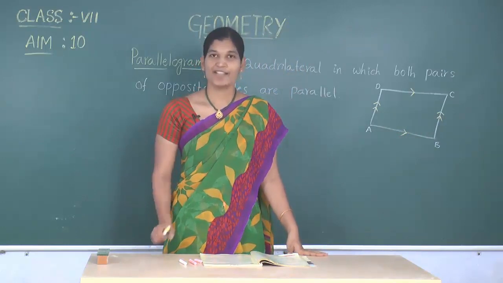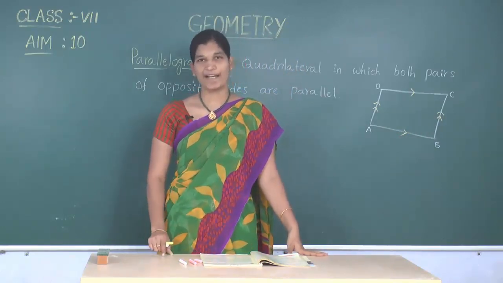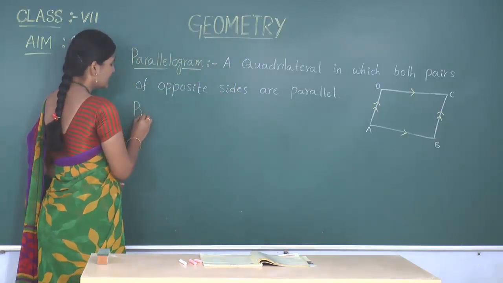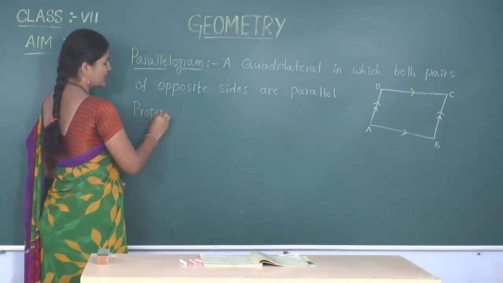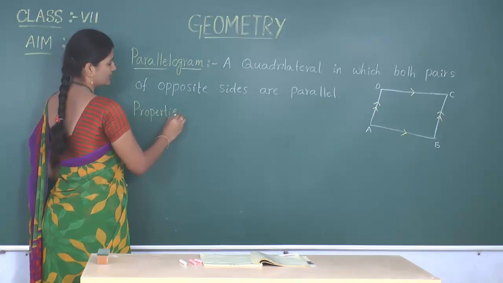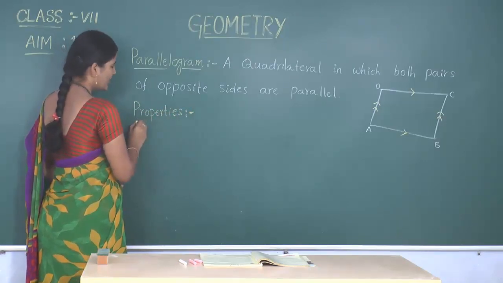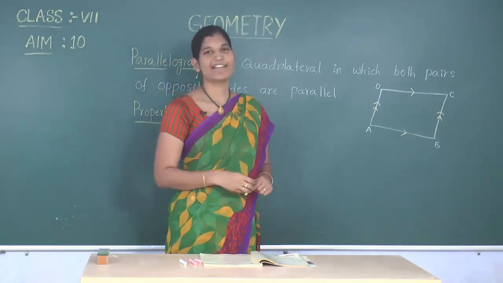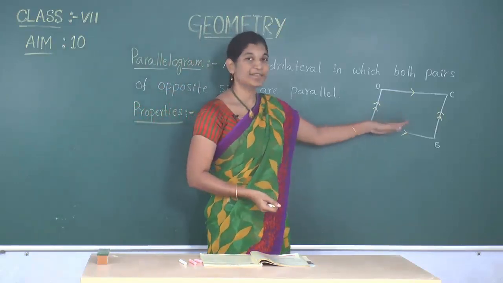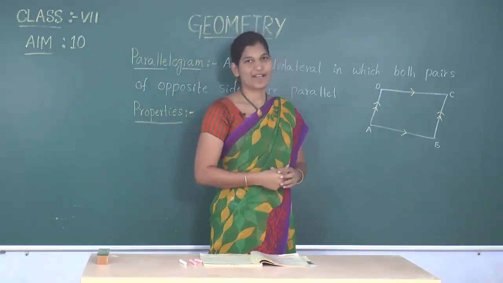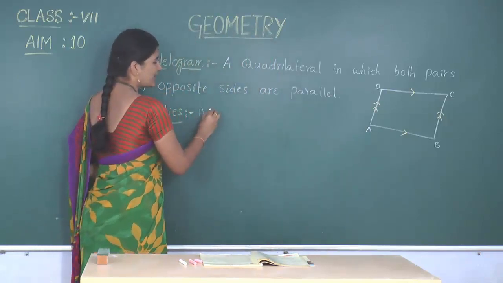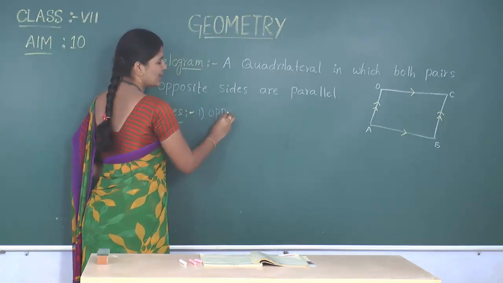Let us see now some properties of a parallelogram. These properties are very important. The first most important property is that in a parallelogram, opposite sides are equal.